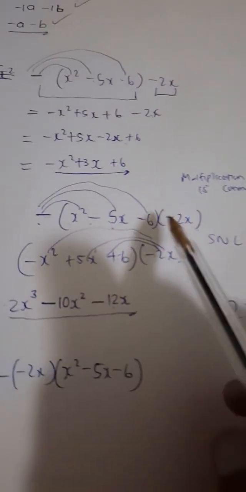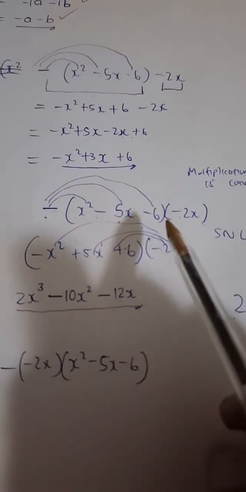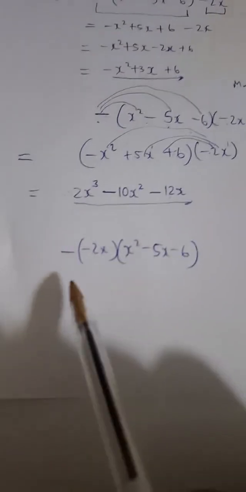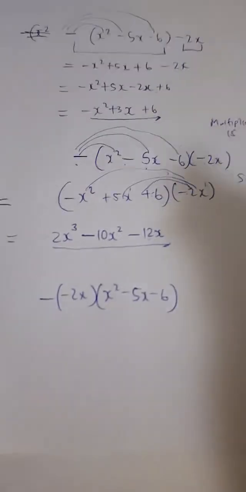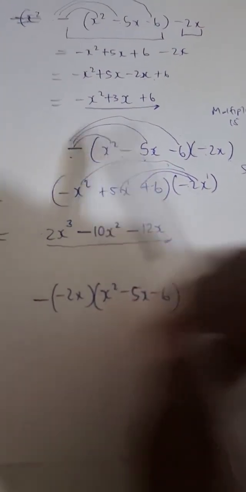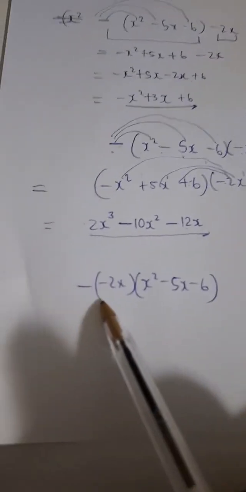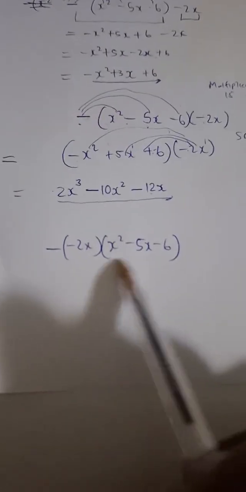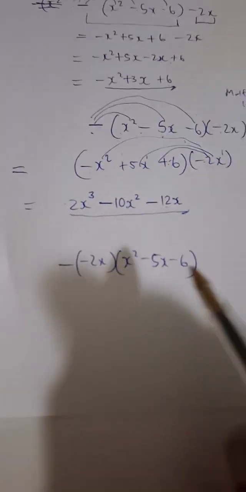But if it works for you, then it's fine. You can do that. So like I said, you could rearrange this because multiplication is commutative. The order in which these are placed doesn't really matter because it's multiplication throughout. So I could say negative, bring this minus 2x closer, and then I place the trinomial term last. We could do that, okay?